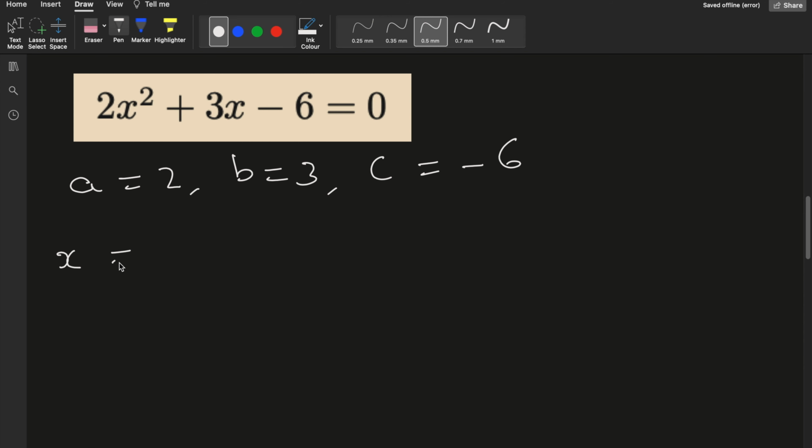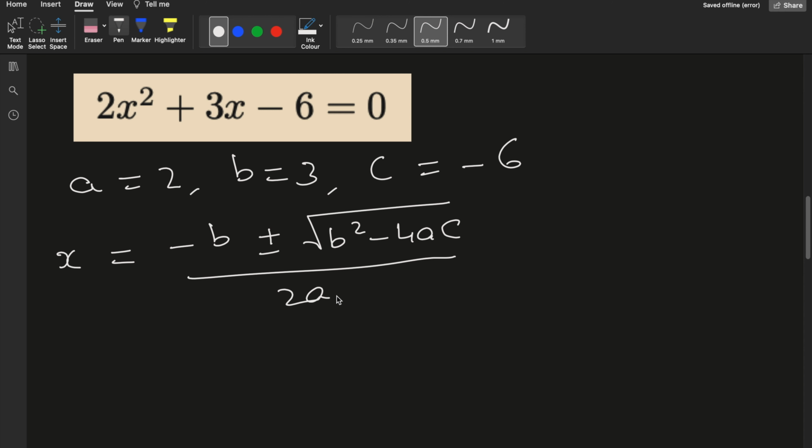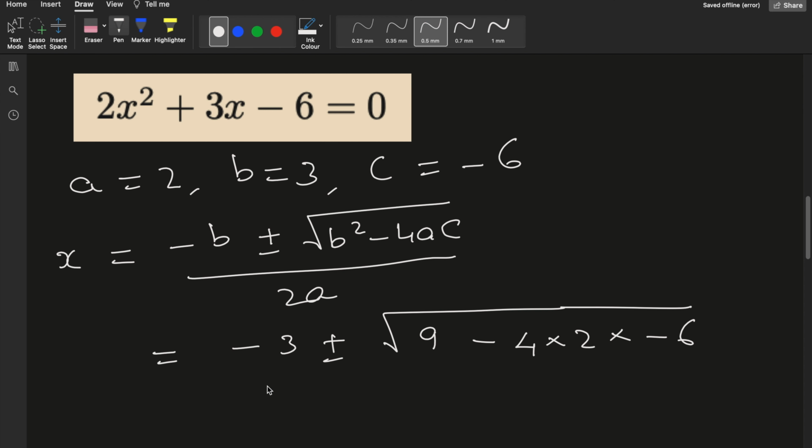So we know that x equals minus b plus or minus square root of b squared minus 4ac divided by 2a. Here minus b would be minus 3 plus or minus square root of b squared. b squared is 3 squared, that is 9, minus 4 into 2 into minus 6, divided by 2 into 2.